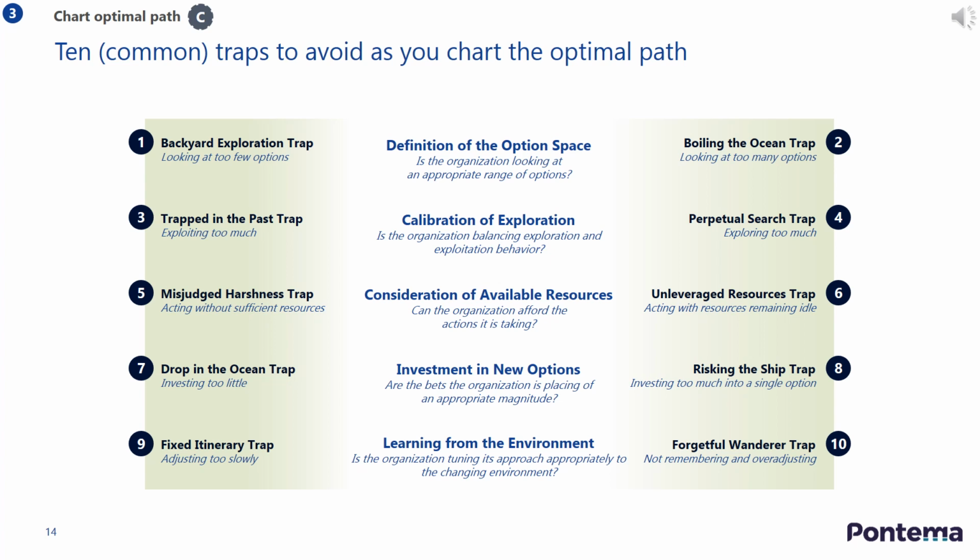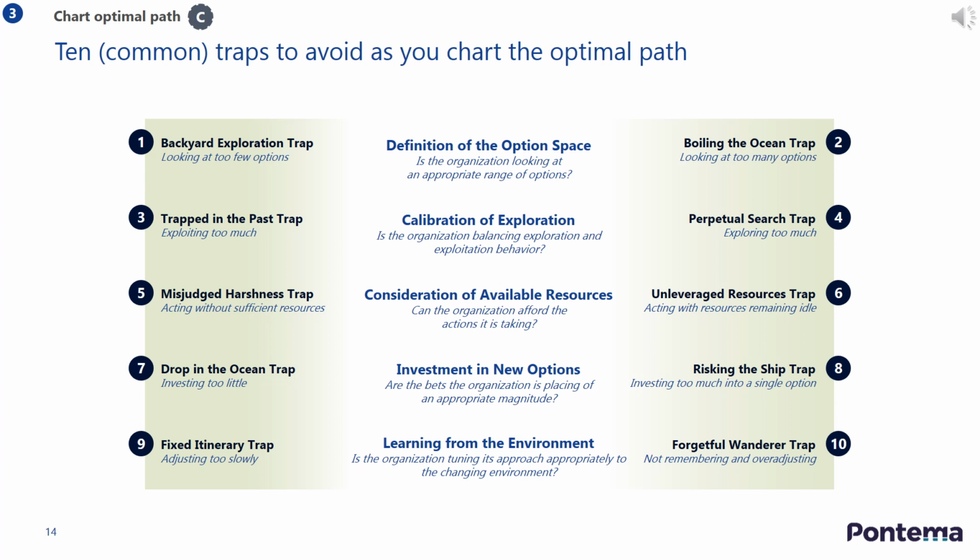Secondly, strike an appropriate balance between exploring new segments and exploiting traditional core segments. Thirdly, ensure the organization can afford the actions it is taking. Check if capital expenditure is available, and ensure a thorough business case has been worked through for each opportunity.